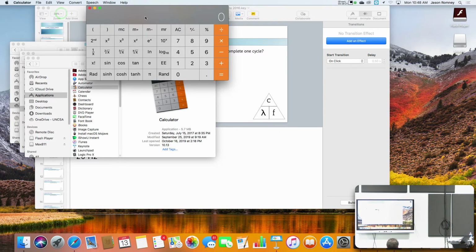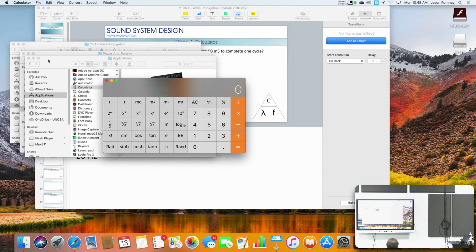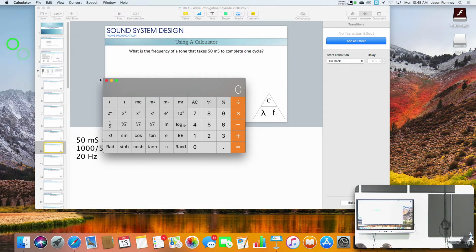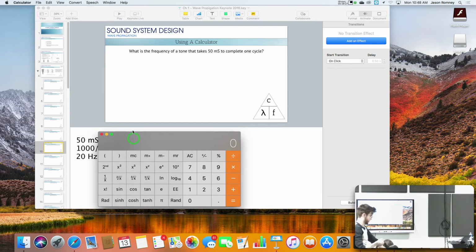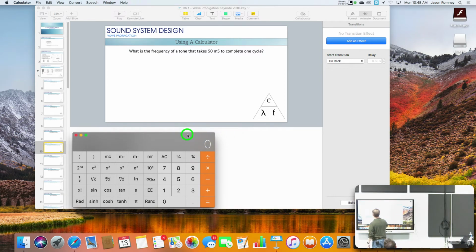Okay, so I'm looking for the frequency that takes 50 milliseconds to complete one cycle. So we first need to find out how many feet per millisecond, right?